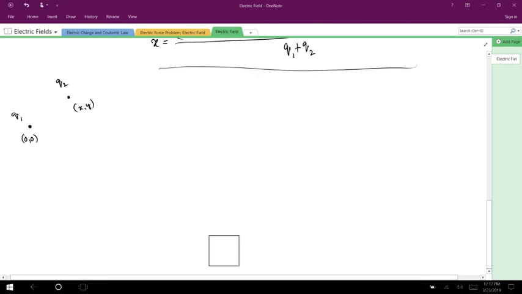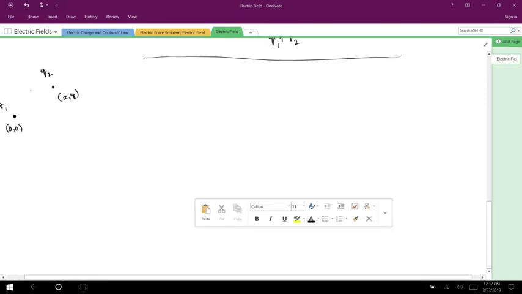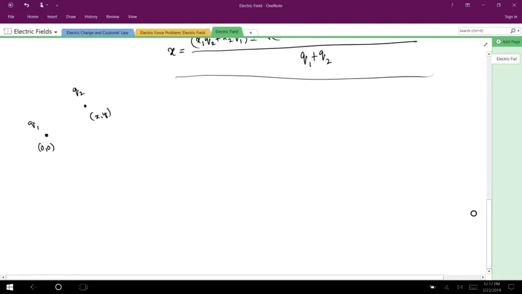In that case, again, if I were to find a spot to put another charge where the electric force has to vanish, I still have to figure out what is the electric field around the combination of these two charges, and specifically where does the electric field vanish. And this would again only happen along this line.